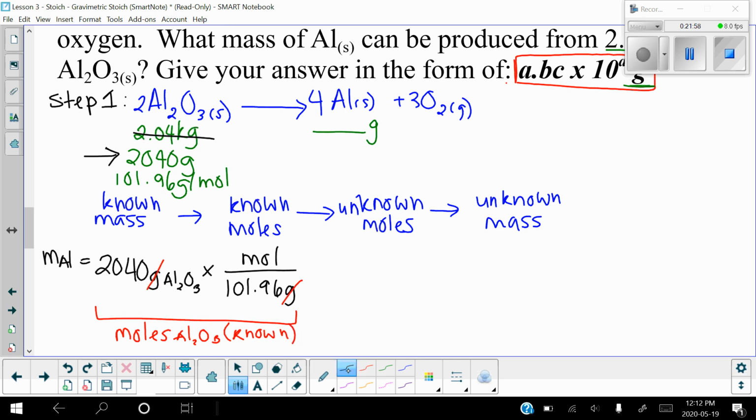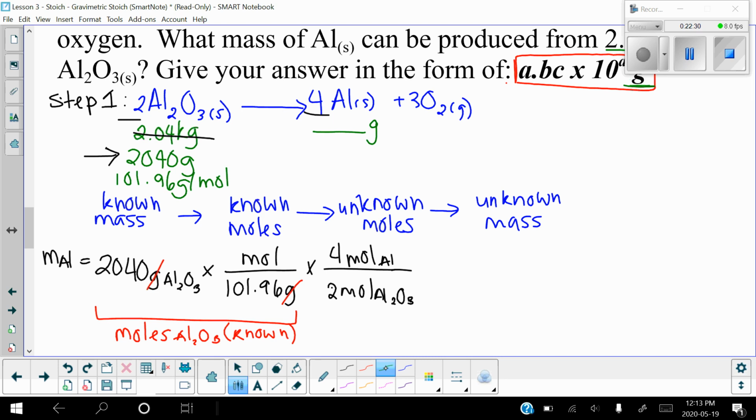Okay, we then need to convert to our unknown moles using a molar ratio. I have 2 moles of aluminum oxide, okay? And then I'm looking for aluminum, so I'm going to have 4 moles of aluminum in the numerator.